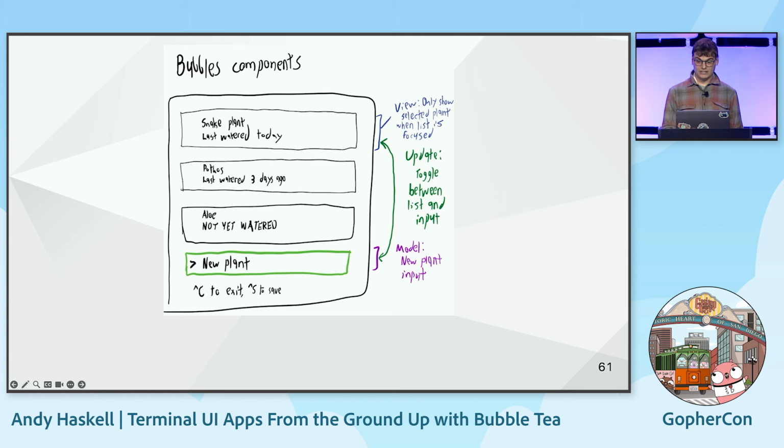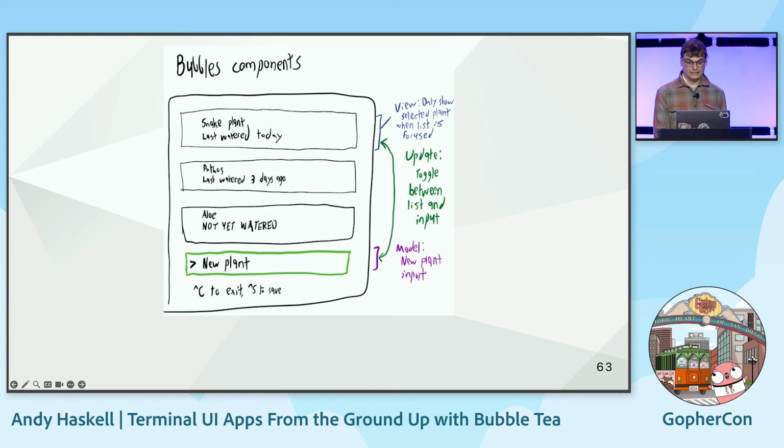In other words, we need our model data to keep track of whether the list or the text input is the focused one. So in the view, we want to clearly indicate which component is focused. When the list component is focused, we highlight the selected plant in the list, and when the new plant input is focused, we highlight that component while highlighting nothing in the list, so that all the focus is on that input box.